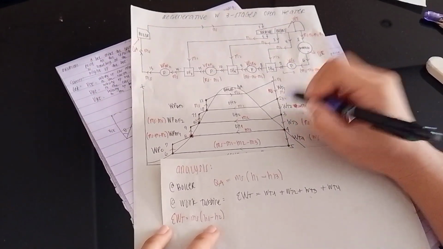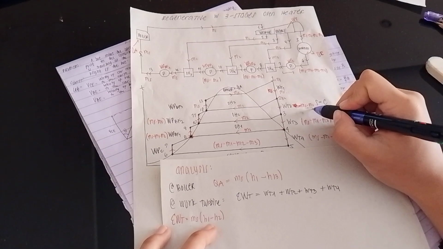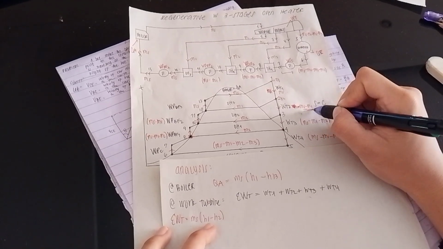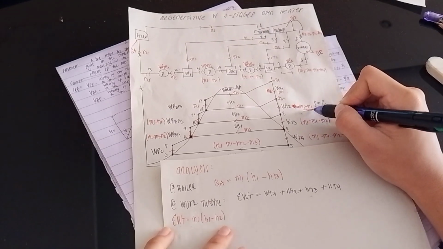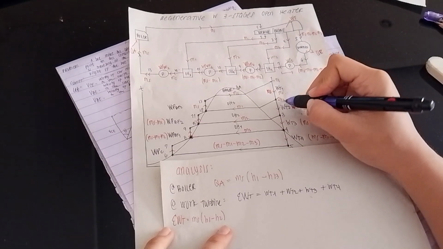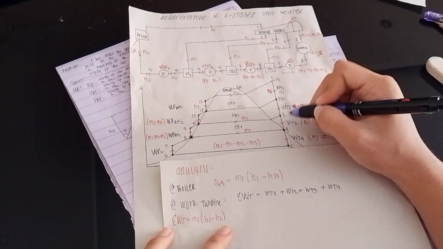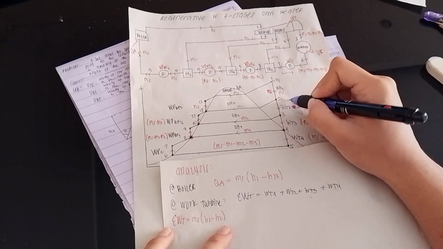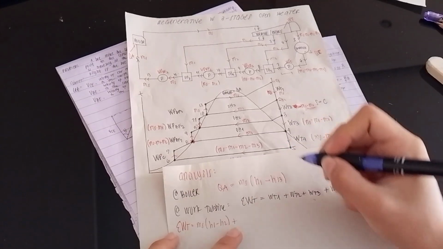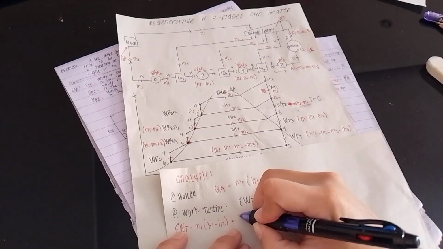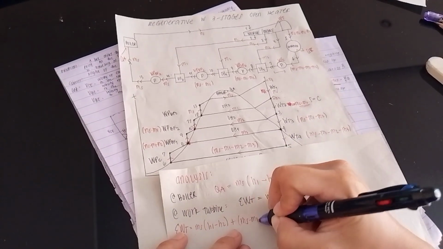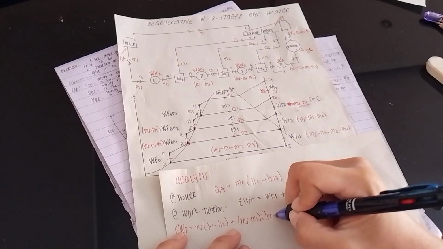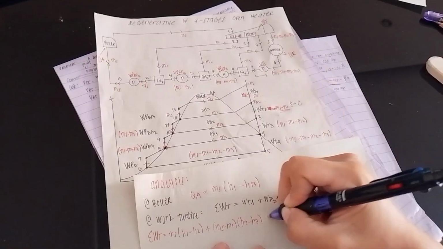Next, our work turbine 2. The mass in work turbine 2 is MS minus M1, and the enthalpies are H2 and H3. Which is higher? H2 is on top. So, therefore, our formula for WT2 is MS minus M1 times H2 minus H3.